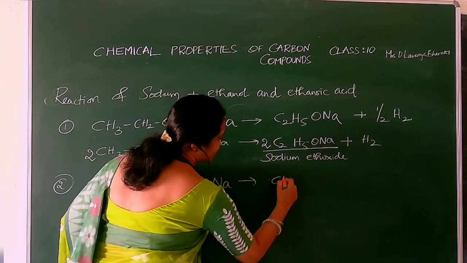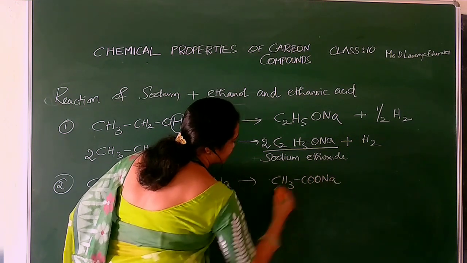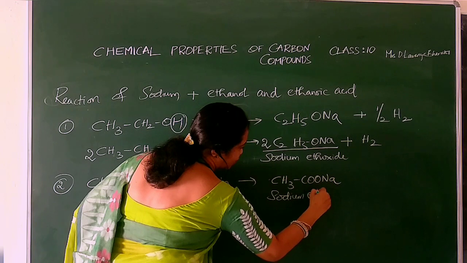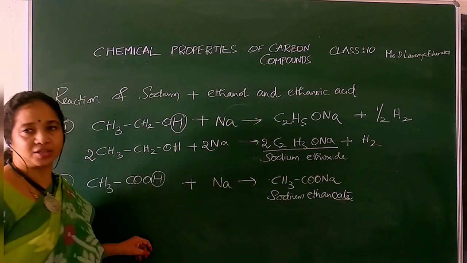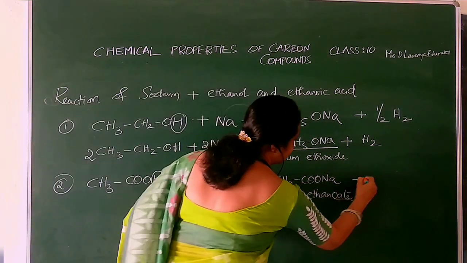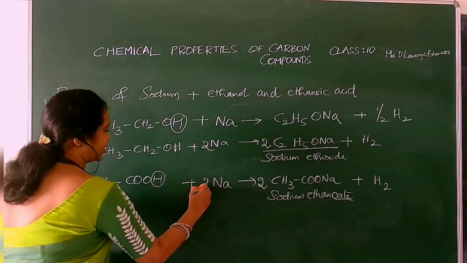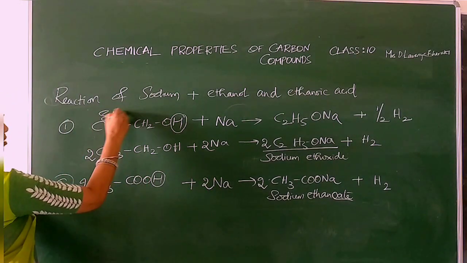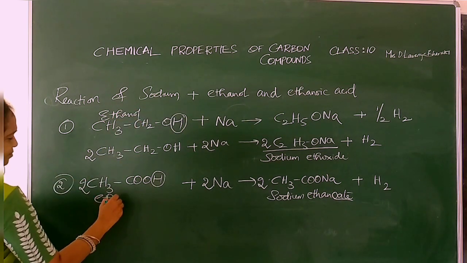Now here also CH3COONa. This is called sodium ethanoate, the salt, and definitely hydrogen gas. So again I am balancing the reaction. Yes. So this is ethanol and this is ethanoic acid.